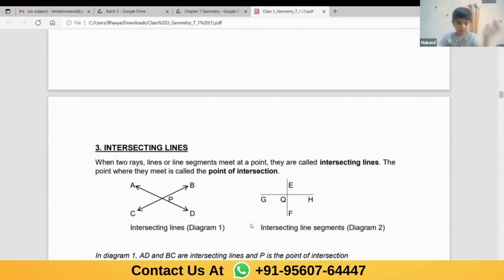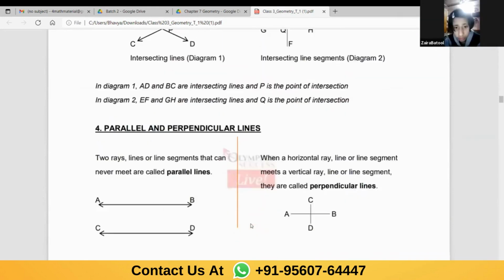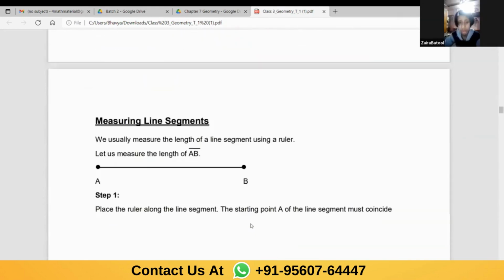T, M, N. O is made up of curved line. P is made up of both curved and straight. So by looking at the alphabets, alphabets are the examples of curved lines. Now, there are more types of lines that we will be doing. Intersecting, parallel, perpendicular.